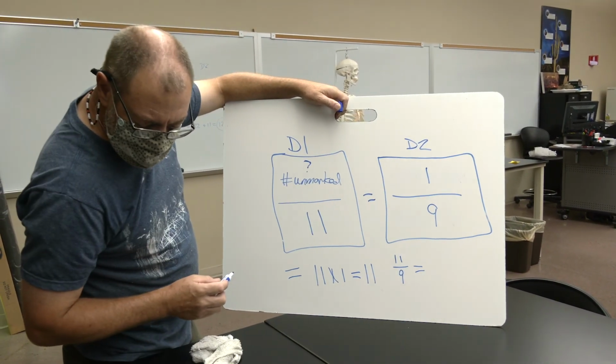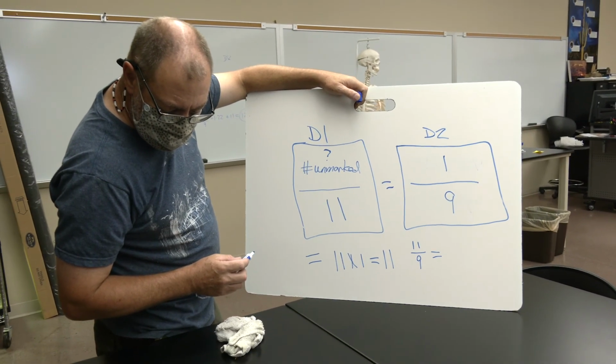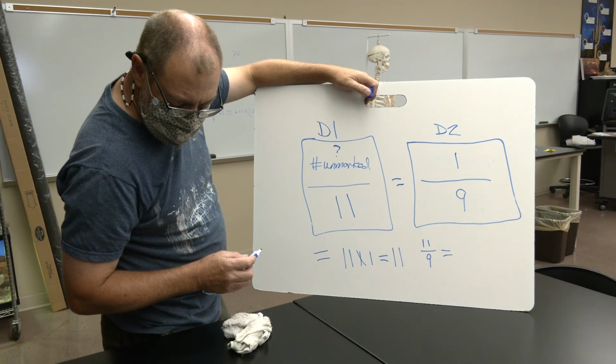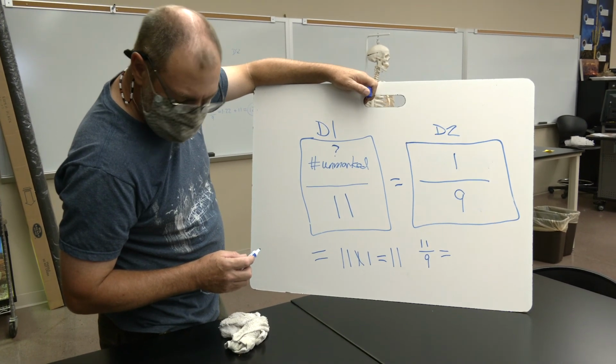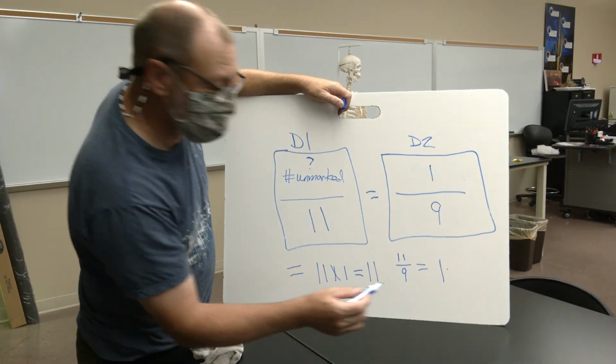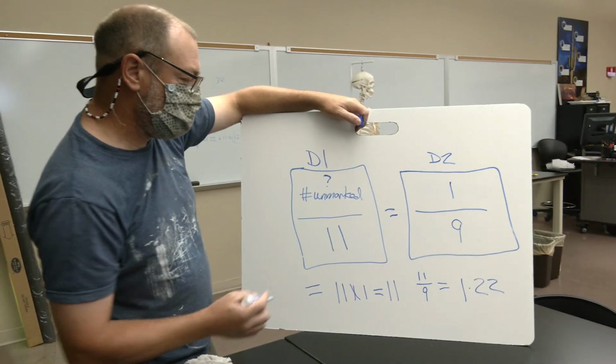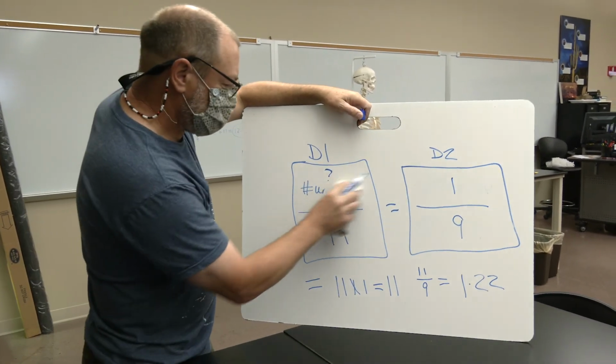Hey Google, what's 11 divided by 9? The answer is approximately 1.222222. All right, 1.222222. We're going to do just 2 2s. There we go, 1.22. Now we've got this number. Awesome.